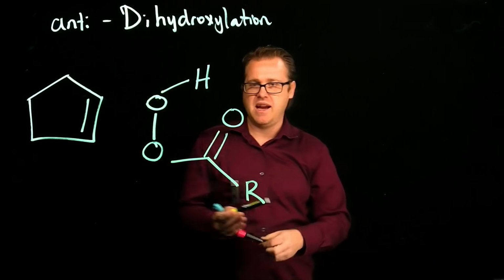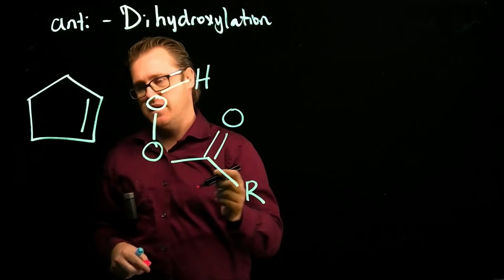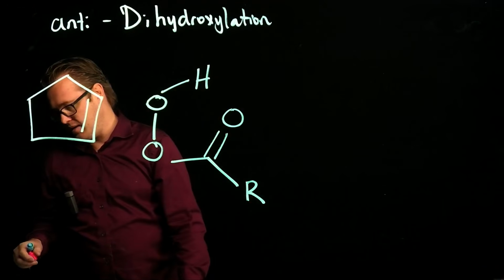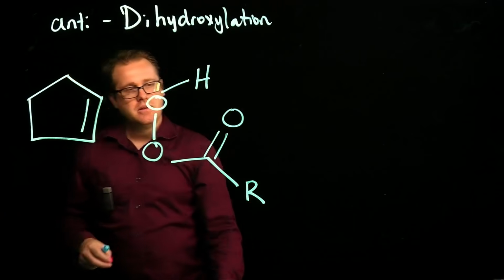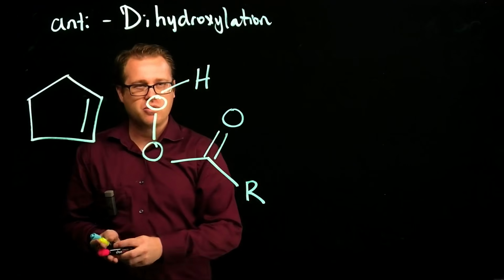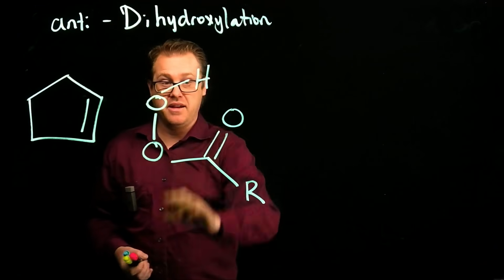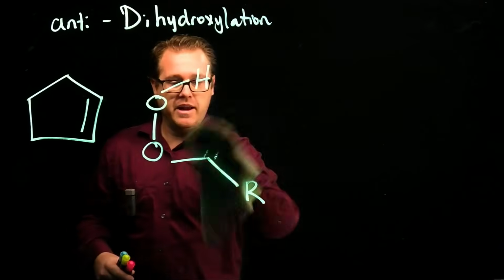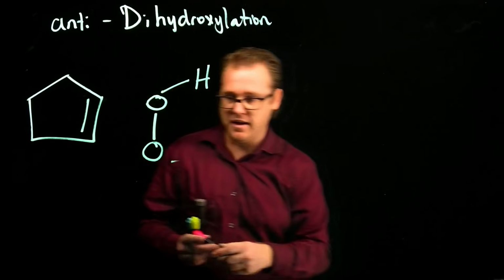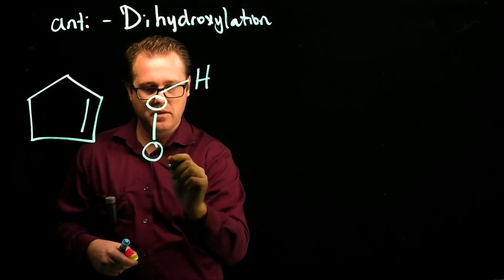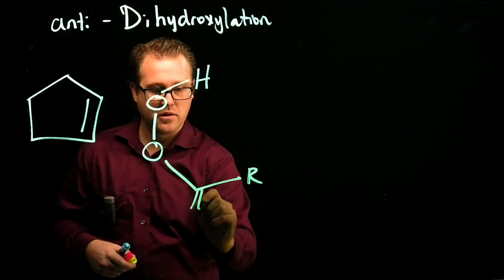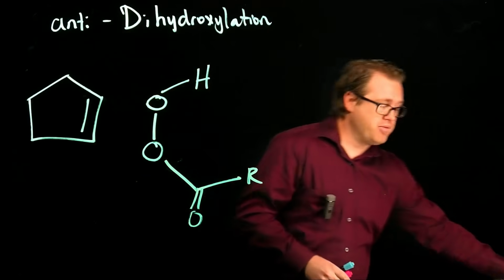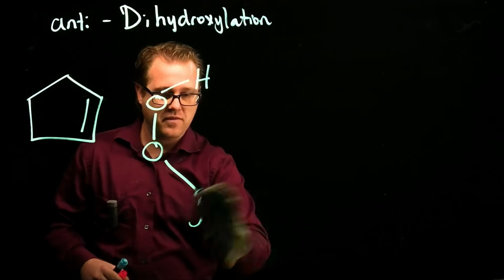So I hope that you're seeing the reason why I'm doing this. You'll see in a minute when we draw the arrows why it's best to draw it like this, okay? You could have very well drawn it like this, or like that, but that's not going to prove useful in the mechanism.